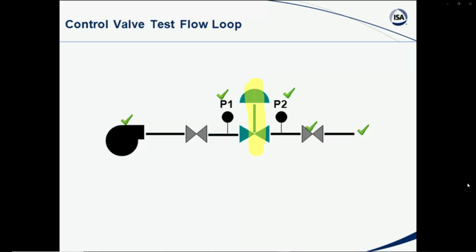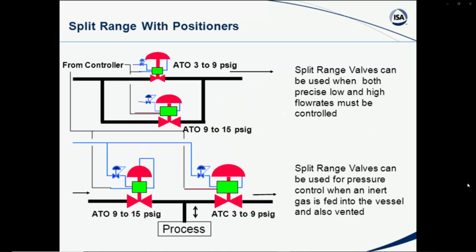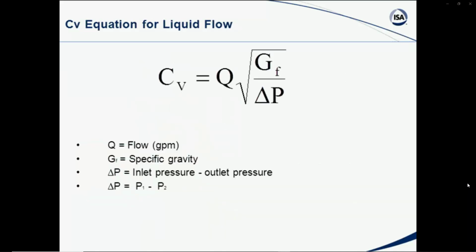So they run really elaborate tests to get the flow characteristics. Now, when you go basically to the C sub V equation, this is the equation relating C sub V, which is the flow coefficient of a valve. We need to recognize that it is the flow coefficient.